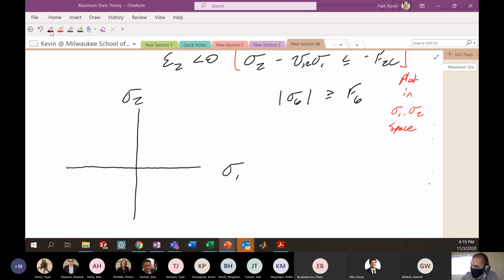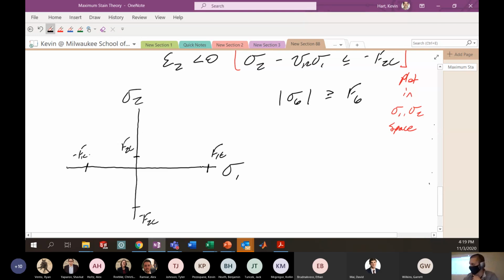All right, so we're still going to have some of these critical values. If we don't have any stress in the one direction, then we're just going to run into F2T here, or if we're loading in the other direction, negative F2C. Same thing in our one direction over here: we'll run into F1T, and over here, negative F1C. So those boundaries are still in effect.